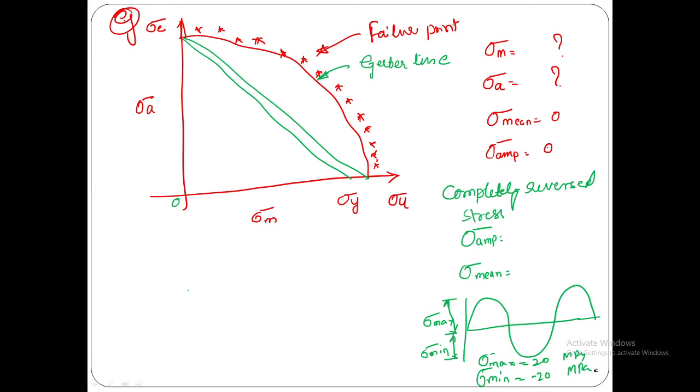I have already noted how to calculate sigma amplitude and sigma mean, using the data handbook, I think equation number 2.5. Someone unmute and give the answer.